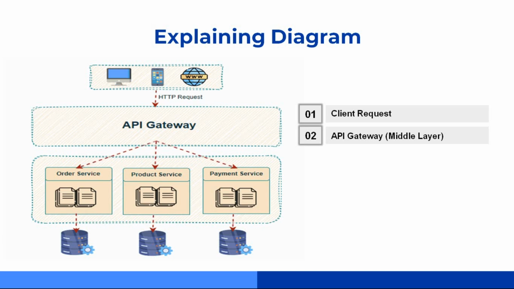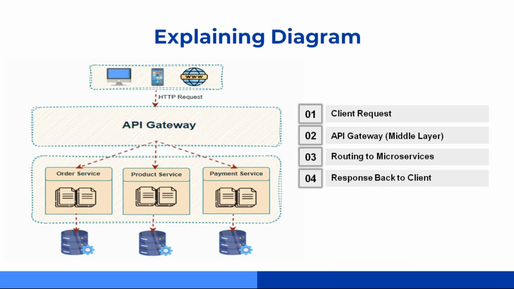So if the request URL is for the payment service, the API gateway will send that request to exactly that service. Step 3, routing to microservices. From there, the API gateway routes the request to the right backend service, whether it's the order service, product service, or payment service, depending on what the client needs. Step 4, response back to client.